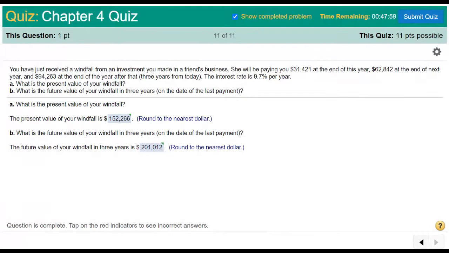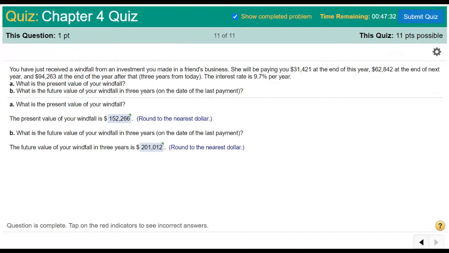N equals 1, I/Y equals 9.7, payment is 0, future value is 31,421. Compute for present value. Now you have one of them.